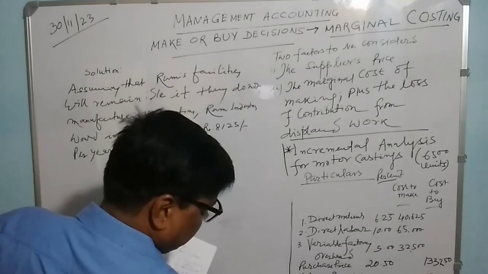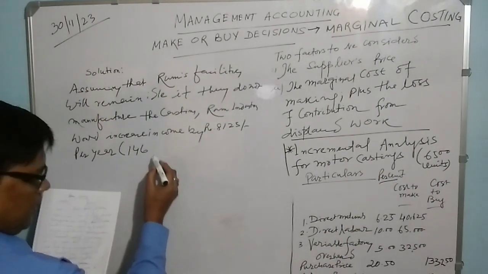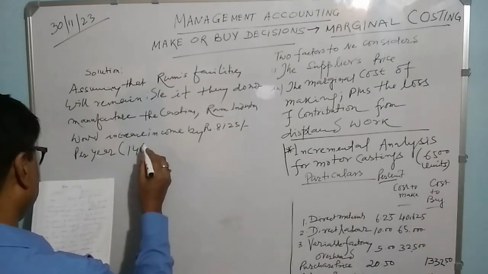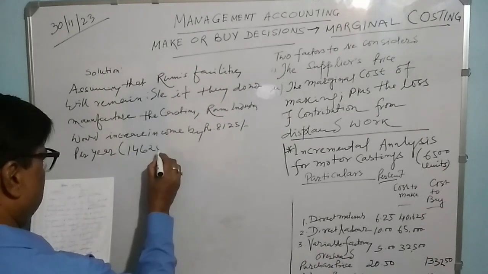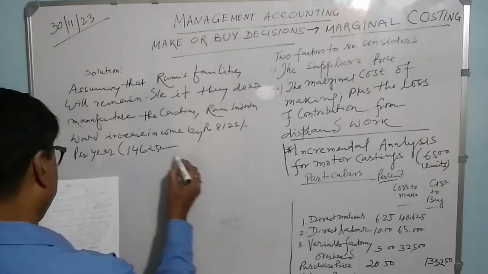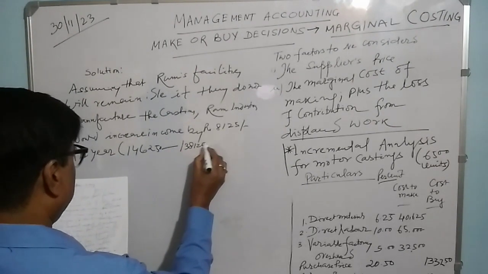That you are getting from this, from 1,46,250 minus 1,38,125.